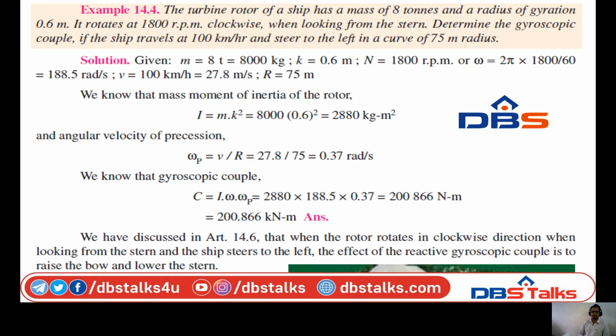So the reactive gyroscopic couple is to raise the bow and lower the stern. Okay, this is the main thing: how much gyroscopic couple is acting, and at the same time, where the effect of the reactive gyroscopic couple is acting, is also noted in the answer itself.